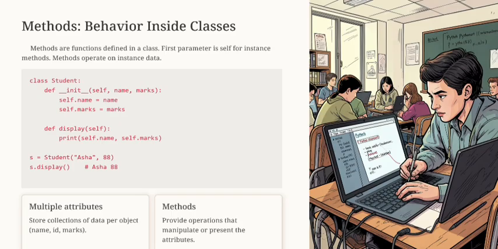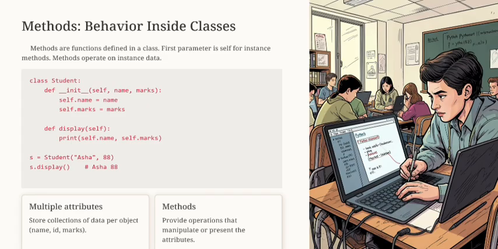So here we are creating methods with attributes. Now we create s = Student("Asha", 88). When we call s.display(), the output will be Asha 88.